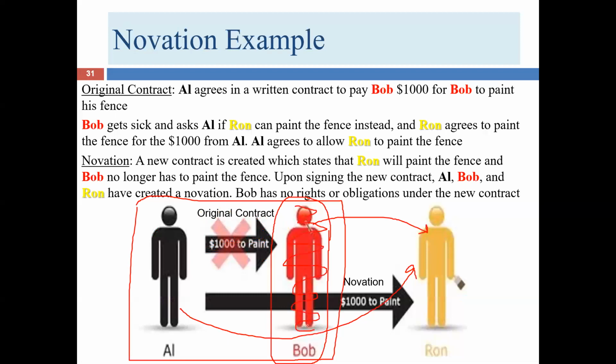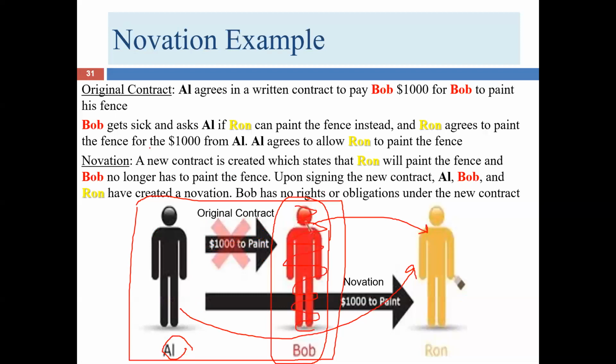In a delegation, he does continue to have the responsibility for the duty to be performed appropriately. The other big difference is that Al gets some say-so in the terms of the novation. In a delegation, he's not directly involved.